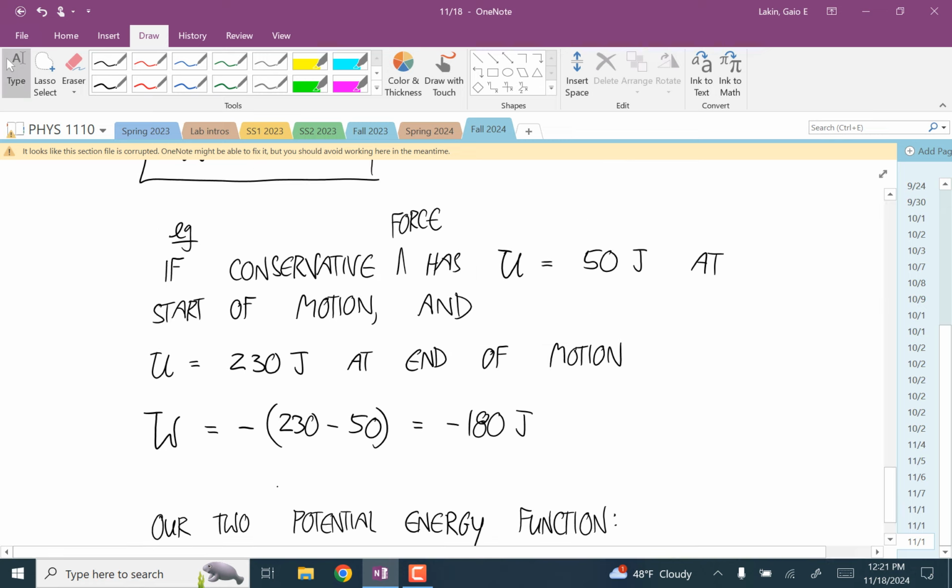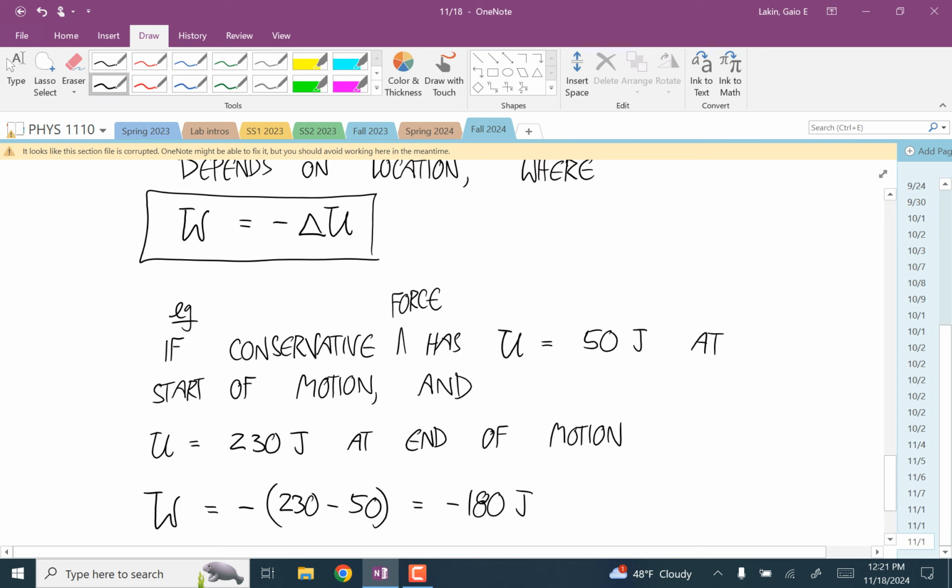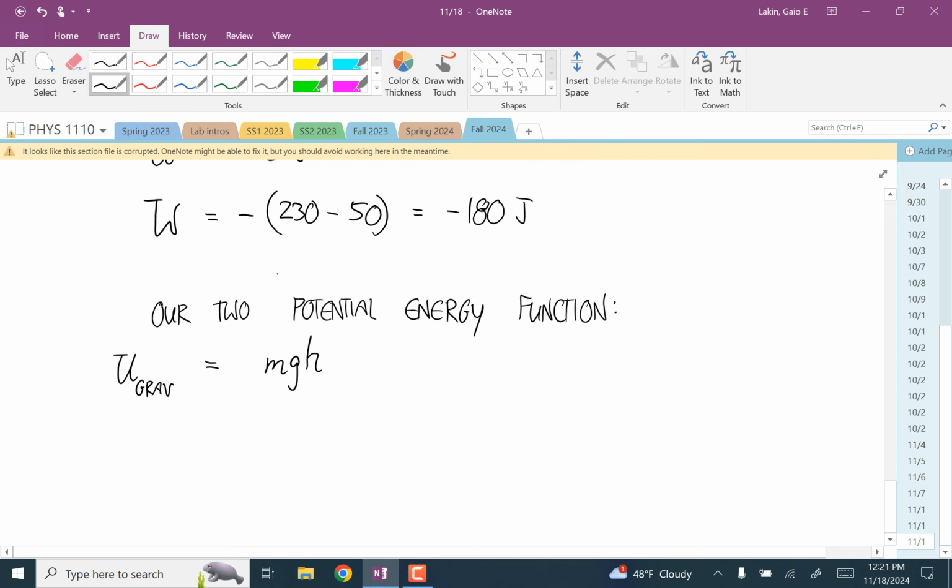The fact is, all we care about are changes in potential energy, and so your height zero, you can just choose whatever's convenient as long as you use it for the whole problem. Okay, so if I wanted to calculate the height of this for potential energy, I could call the desk height equals 0 and say this is half a meter and this is 1 meter or whatever.